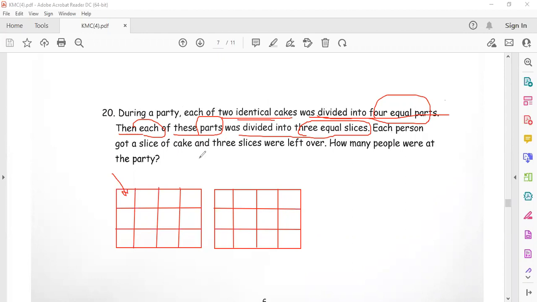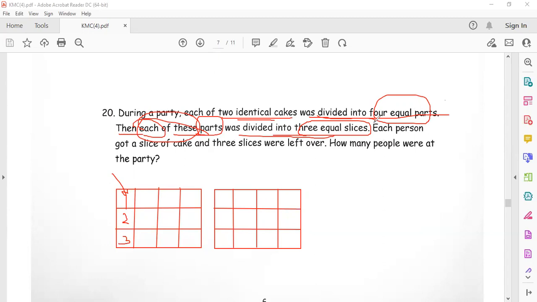Circles are a bit messy. Use a rectangle, okay? You can use circles if you want. So a cake was divided into 4 equal parts. So divide it like fractions. Then each of these parts, clue word, was divided into 3. Okay, that means every part here was divided into 3. So 1, 2, 3. Okay, 1, 2, 3.